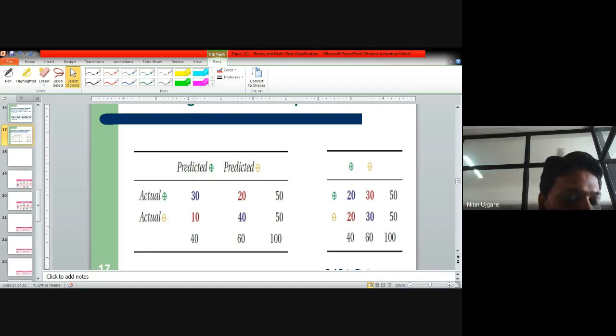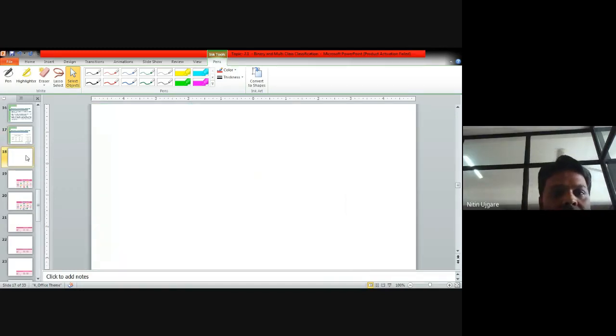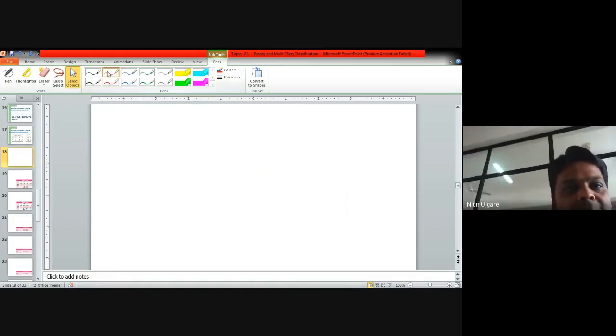Now it is time to discuss how we assess the quality or the performance of these classification models or classifiers. Here it is very important to note that to assess the classifier's performance, we use a contingency table, also called the confusion matrix.